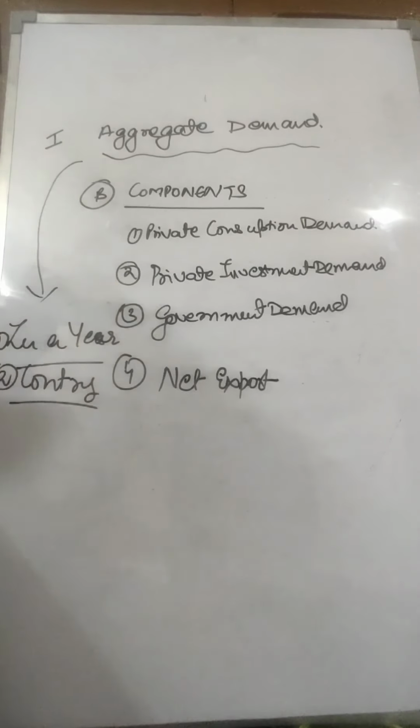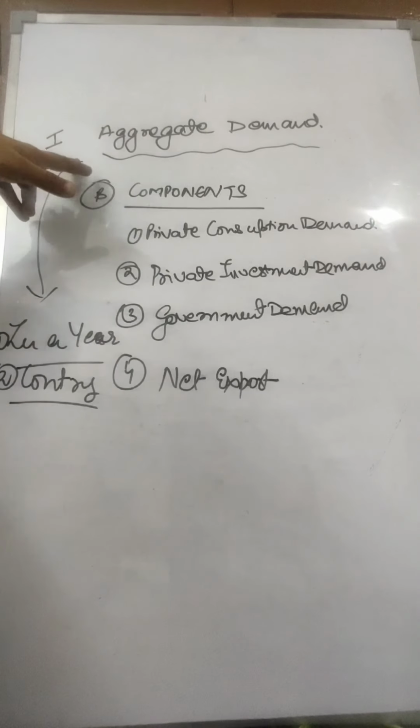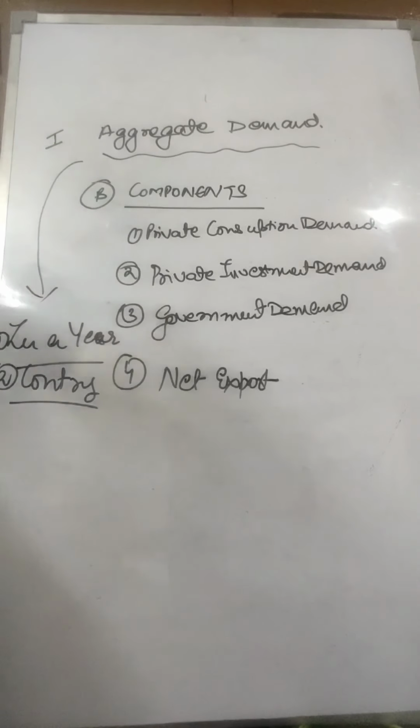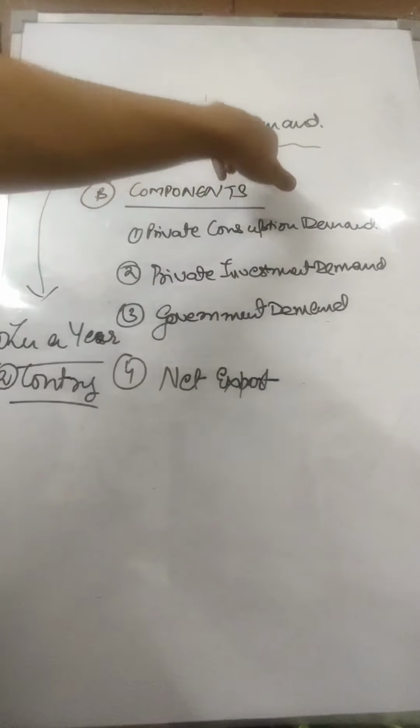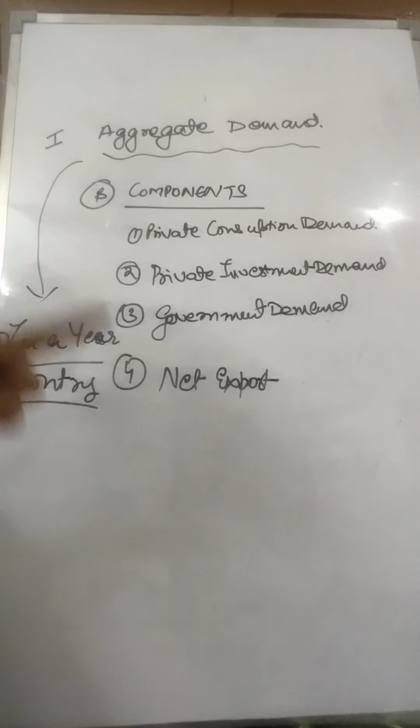We are involving the whole country here. Now aggregate demand refers to the total value of what? Final goods and services that are demanded by the economy in a year.